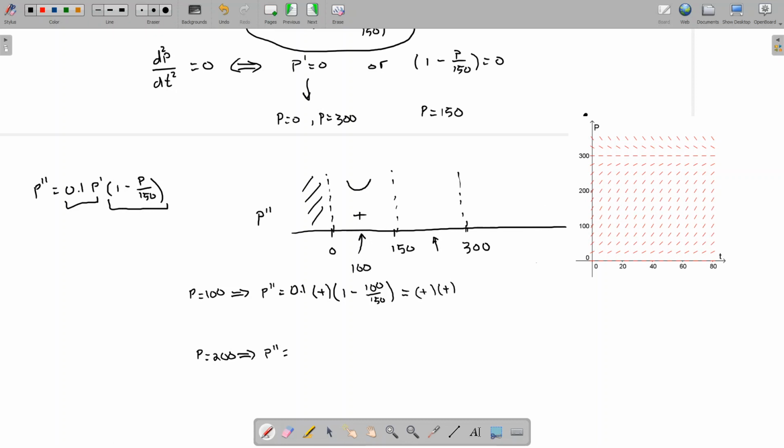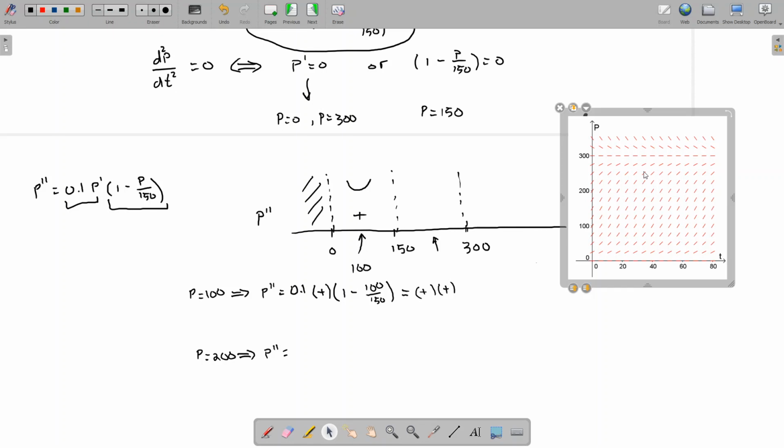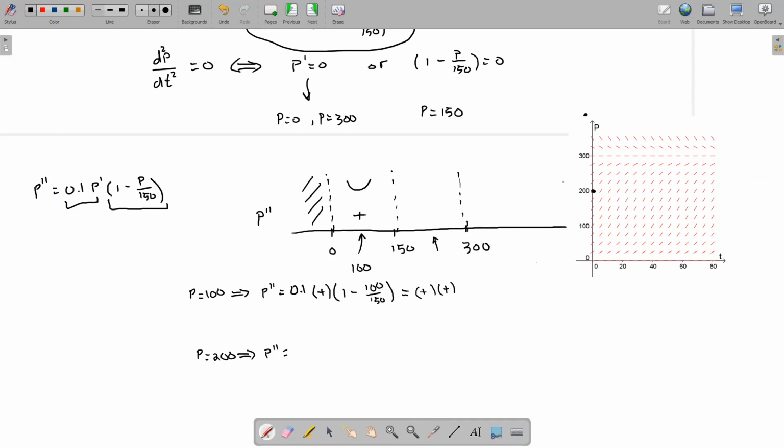So here's 200, look at that slope. The slope is positive at that point. Hold on one second, let's move this to the background. Okay, so at 200, the slope there is positive all the way across, so p prime is positive, which means this first part is positive. Then plug into the second part, 1 minus 200 over 150. Well, this is going to be negative, so we've got positive times a negative. That's giving us negative, which is concave down then.